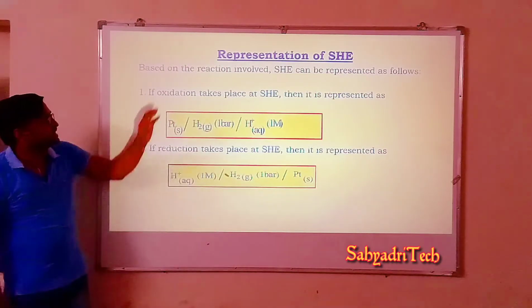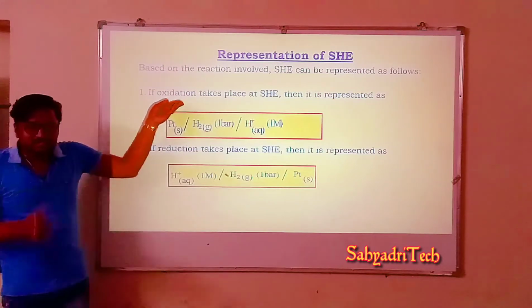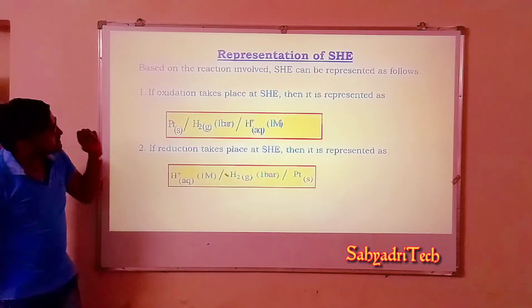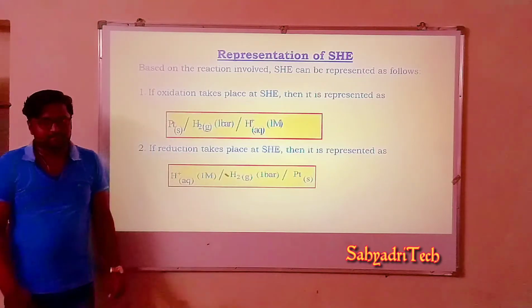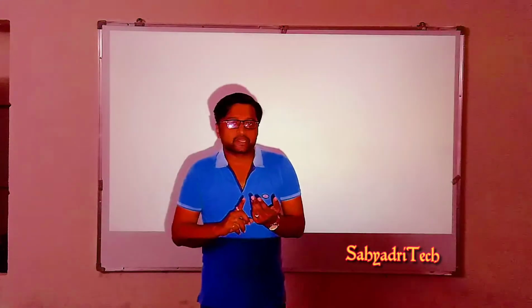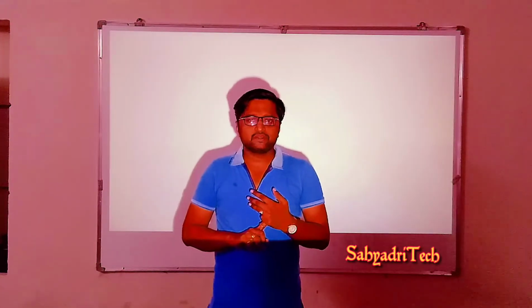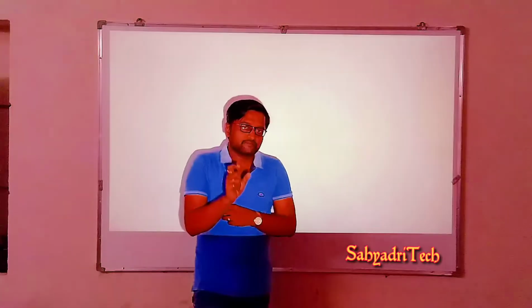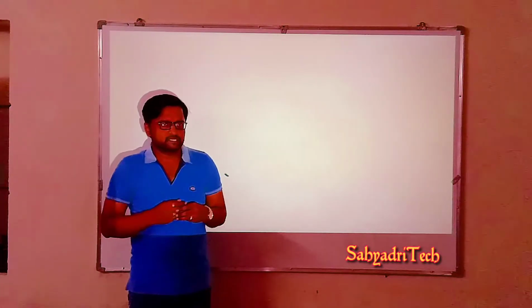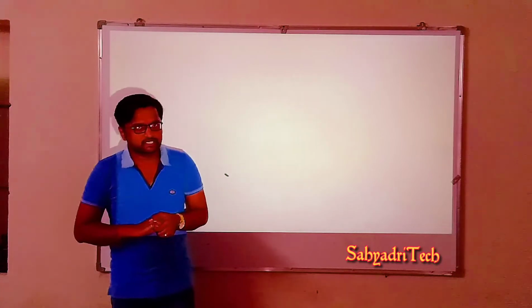So based on the reaction involved, SHE can be represented in two ways. So it's regarding representation of SHE. Now we have considered construction and working of the standard hydrogen electrode as well as representation of SHE. So we have two kinds of representations.